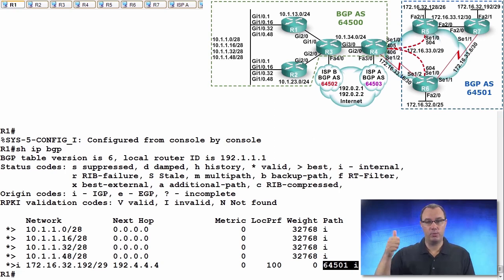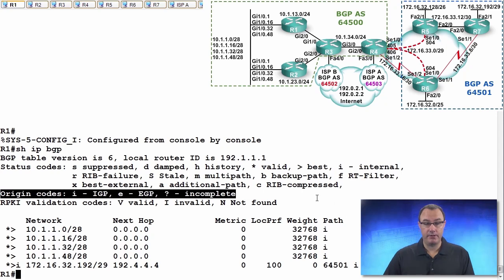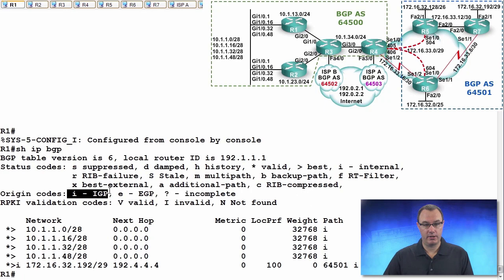So that's the "and," okay, and then orange. That's the next one, another orange. And that is for the origin code. The origin code can be one of three things. Network command gives us an origin code of I. Taking from EGP, which doesn't exist anymore, is an E. You won't see that.